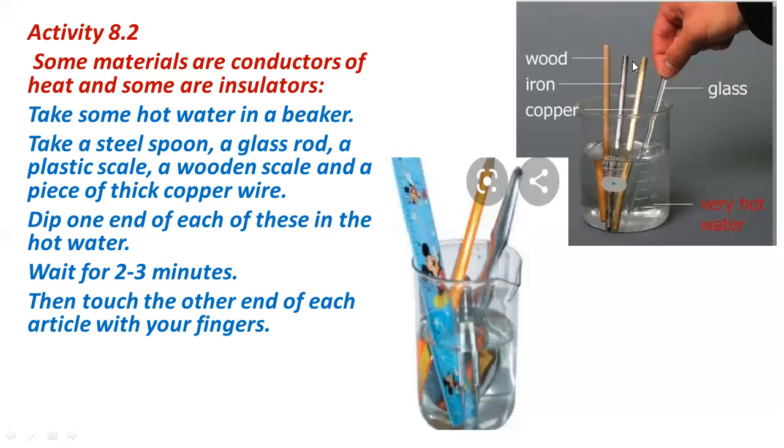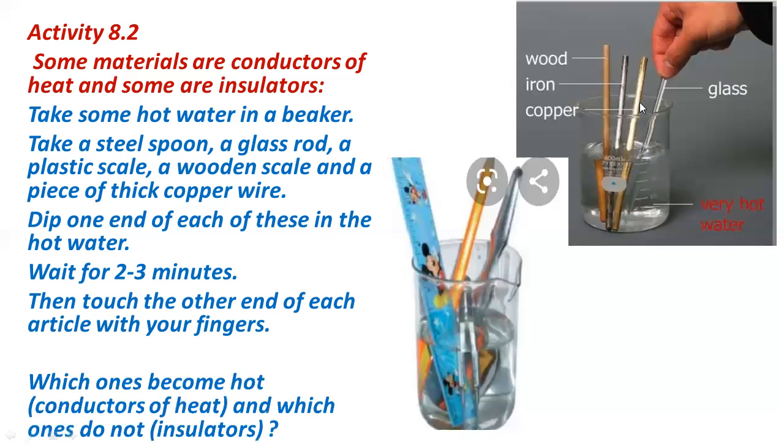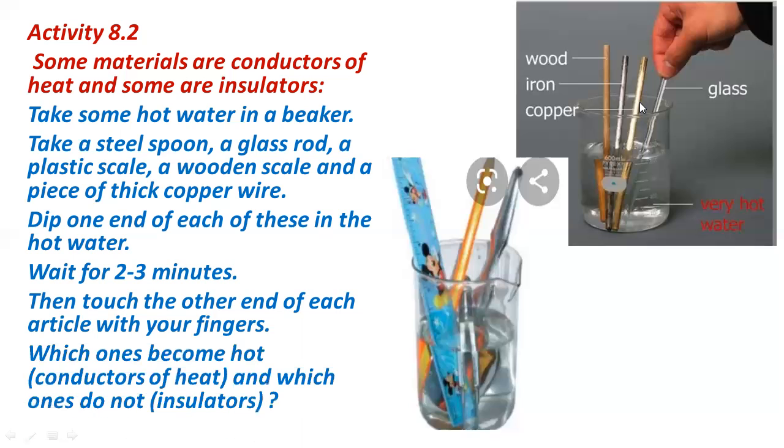The remaining objects like plastic, glass, and wood, nothing will happen to them. It means they are bad conductors of heat. Which ones become hot? Conductors of heat. Which ones do not? They are called insulators or bad conductors of heat.